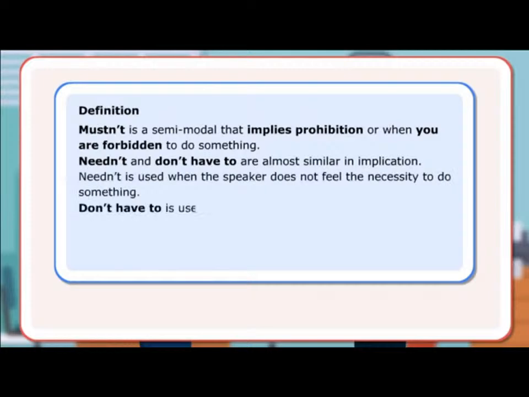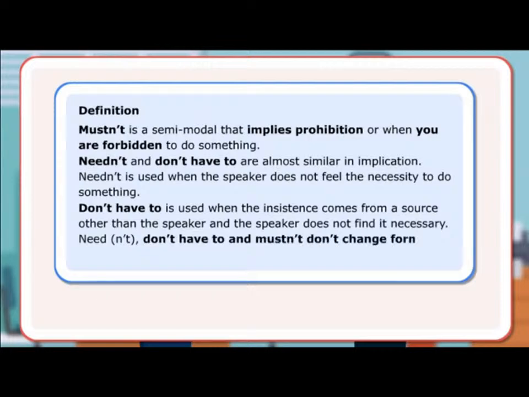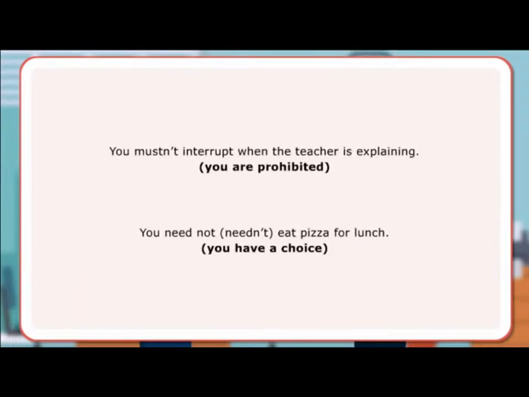Don't have to is used when the insistence comes from a source other than the speaker and the speaker does not find it necessary. Need not, don't have to, and must not don't change form regardless of the subject, whether singular or plural.